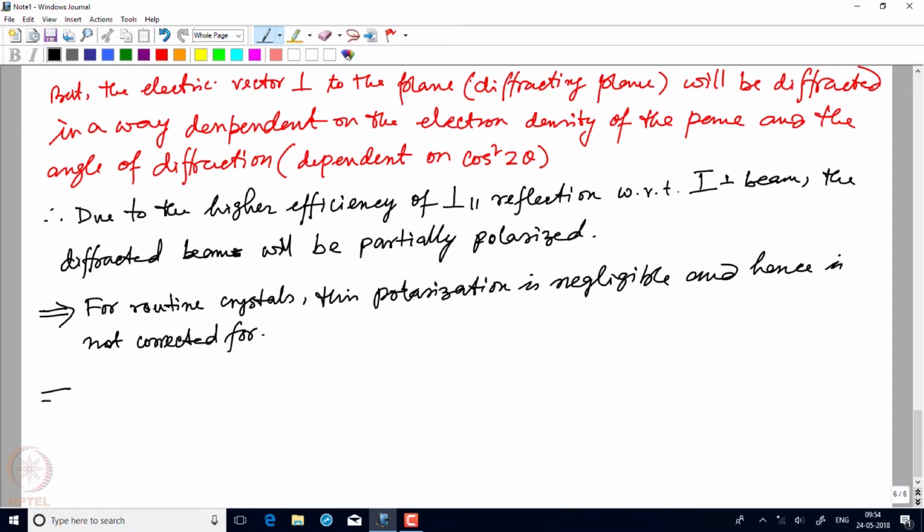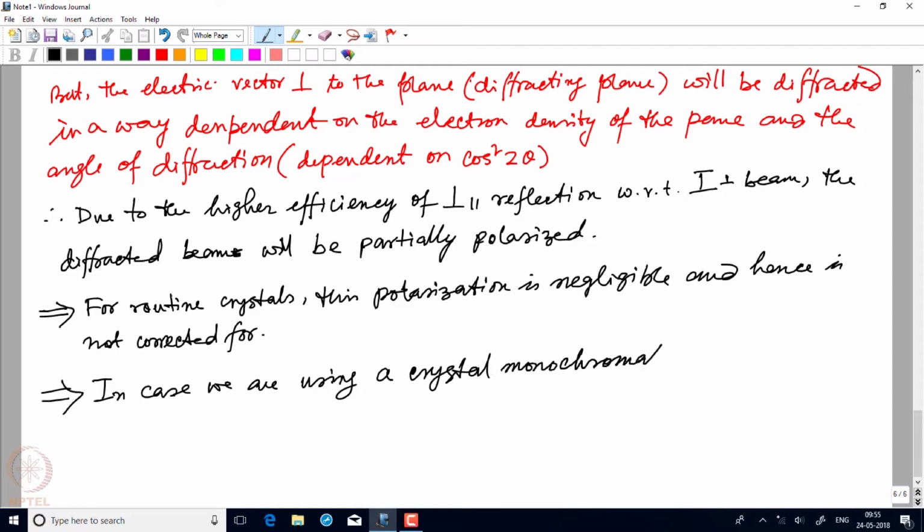But then if we are using a crystal monochromator, which is like a germanium crystal with its 111 plane exposed, and we try to generate copper K alpha 1 radiation, in case of that kind of experiment where you use a monochromatic X-ray, this effect is important. Why?